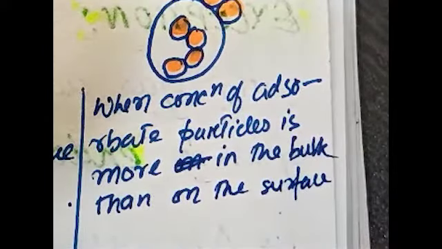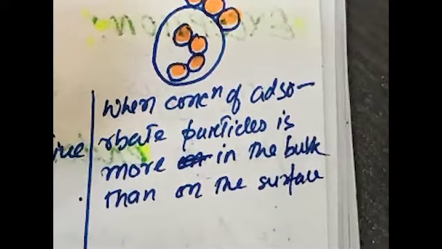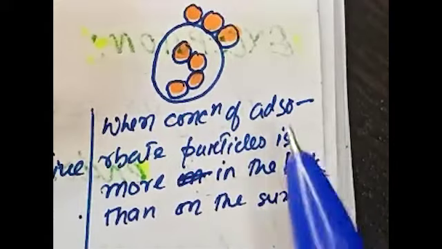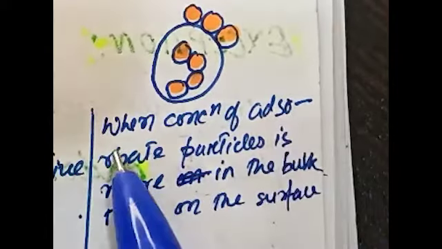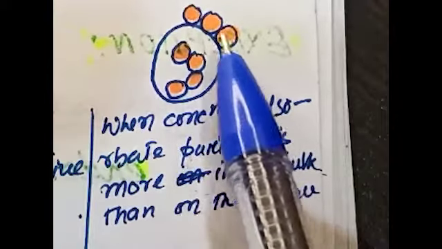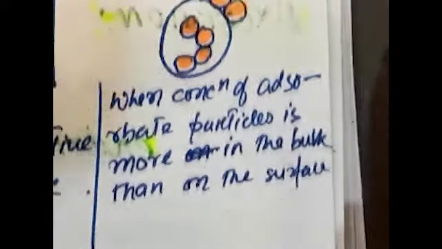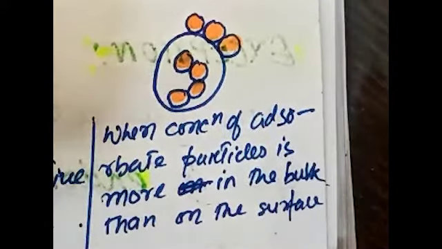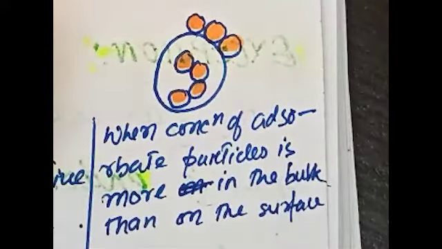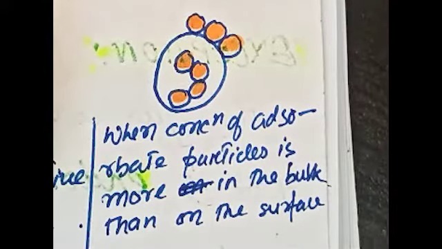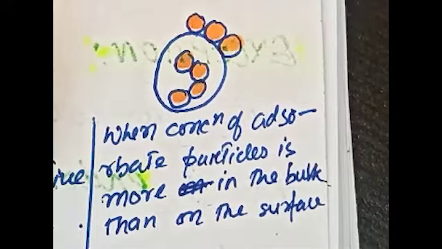These are the adsorbate particles, and they are more on the inside part than on the outside part. That is known as negative adsorption. So write it down: when concentration of the adsorbate particle is more in the bulk than on the surface.